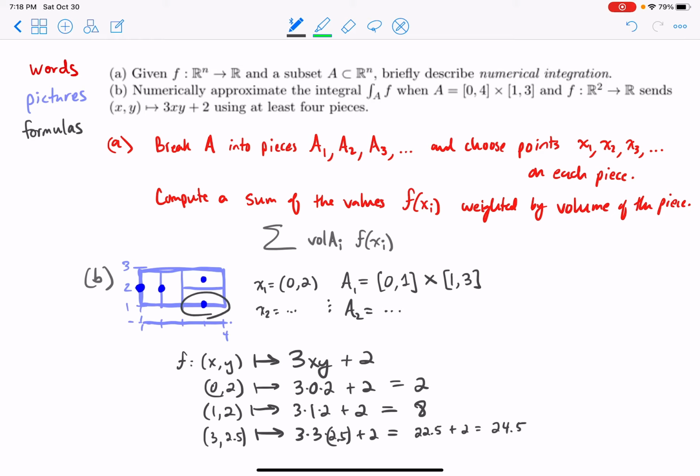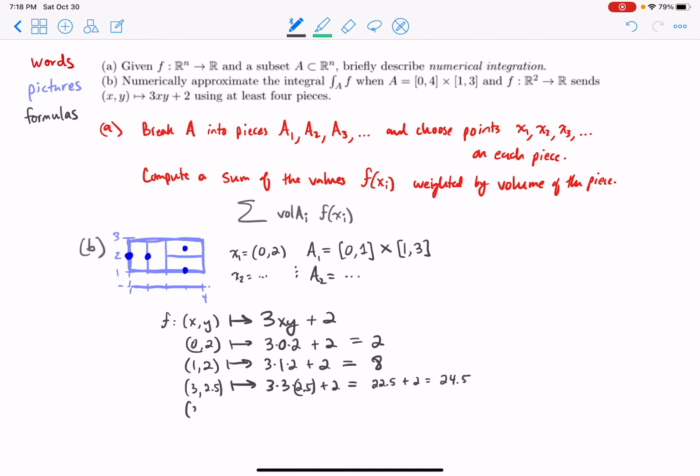The last point is (3, 1), which gets sent to 3 times 3 times 1 plus 2, which is 11. Okay, so I'm almost done.